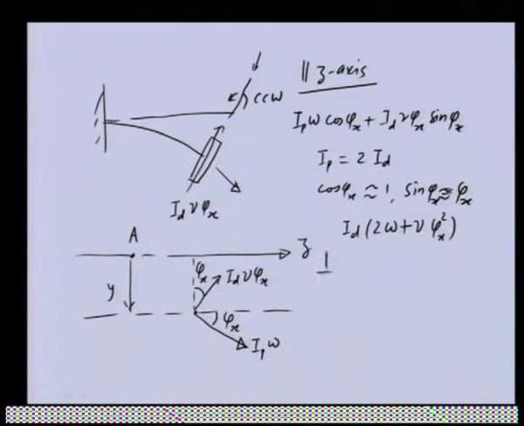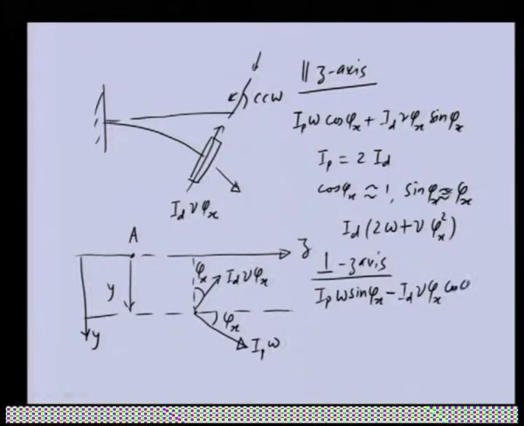Now, perpendicular to the z axis, what is the component of this angular momentum? So, this will be Ip omega sin phi x. In this particular case, let us say y is positive in the downward direction. So, we have the component of this in the positive y direction, but the component of this will be in the negative direction. So, this will be Id nu phi x cos phi x.